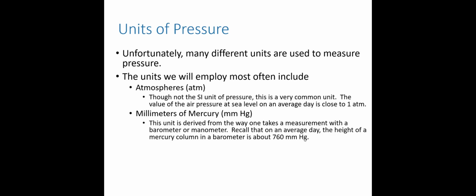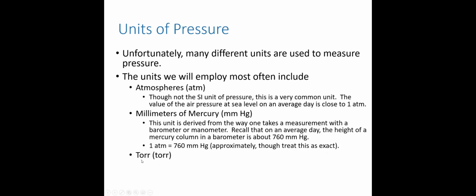So we've just said here that on an average day at sea level, 1 atmosphere is the pressure, and we've also said that 760 millimeters of mercury is the pressure. So that makes it easy to have a conversion factor here, or rather an equation for a conversion factor. So an atmosphere equals 760 millimeters of mercury. That is only approximate because the temperature can change the height of that column, but it's close enough that we're not going to worry about it, and we will treat it as exact.